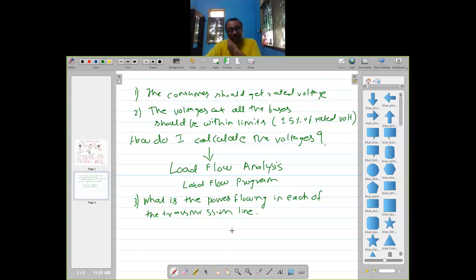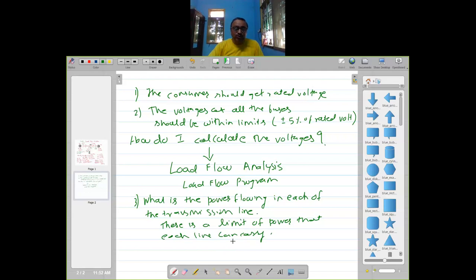Now, why is that important? Because there is a limit of power that each line can carry. So this limit should not be exceeded.